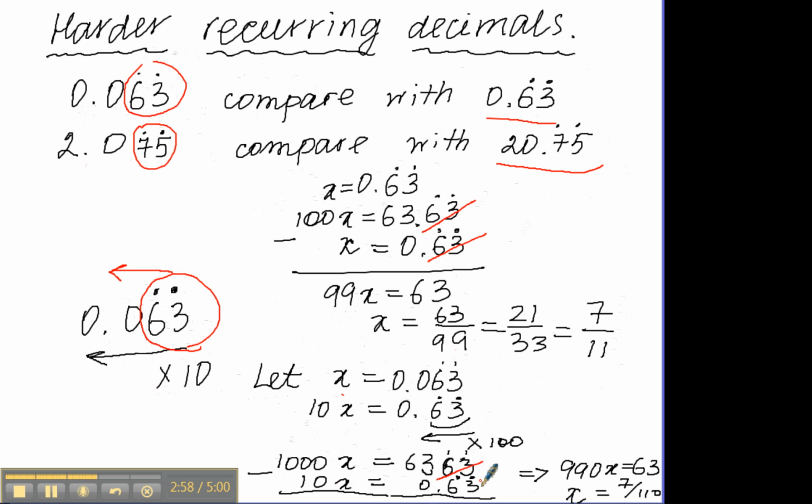So on the left side I will have 990x equals 63, and then I divide by 990, and finally, after simplifying, I should get 7 over 110.